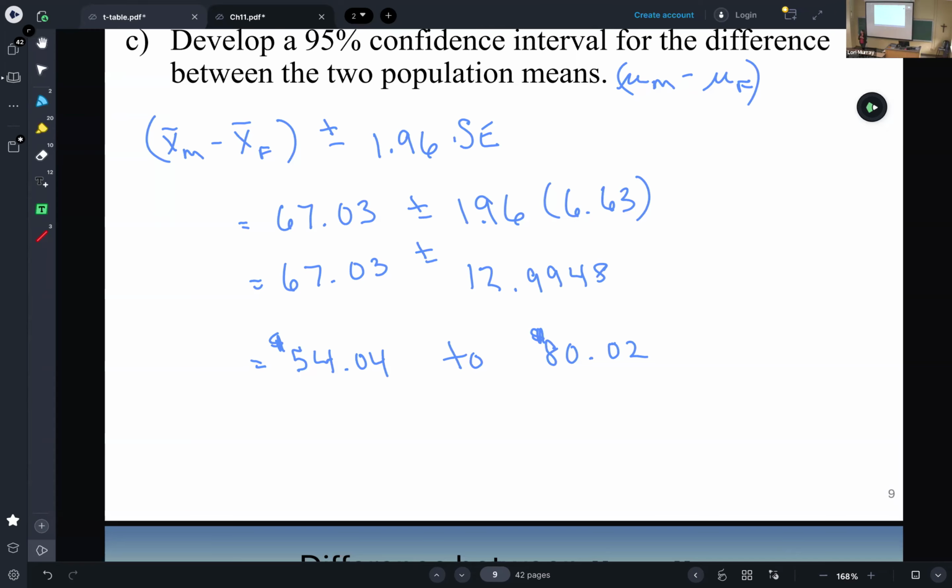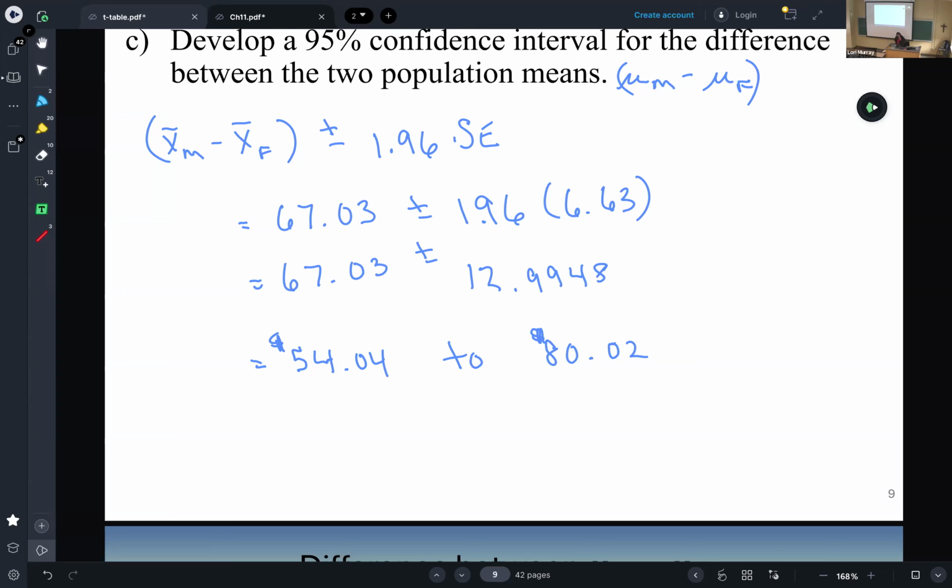So it's really important to remember, if 0 is in the confidence interval, then there would be no difference between their spending. And in this case, it's not in the confidence interval, so there is a statistically significant difference. You just look for that 0. If you have a minimum value that's negative and a maximum value that's positive, then you don't have significance. It means there's no difference between the two populations.